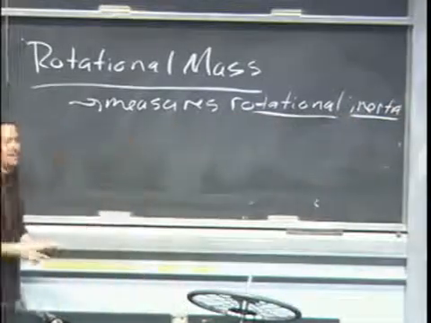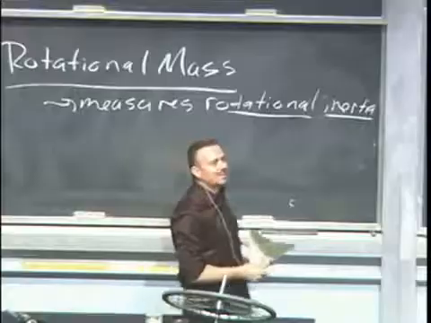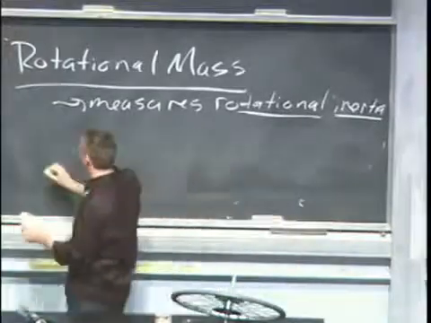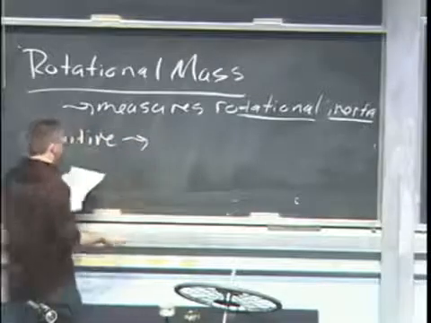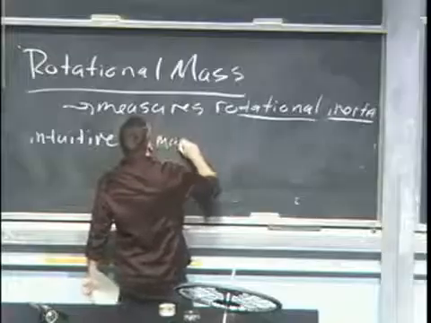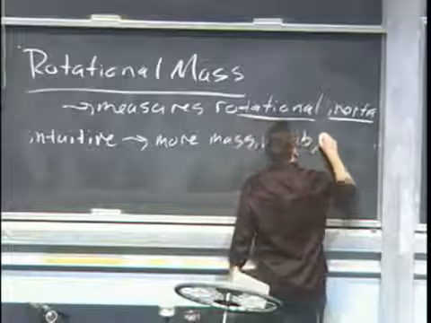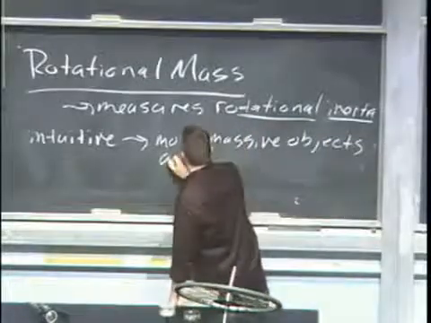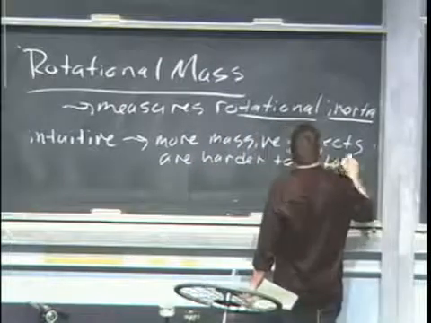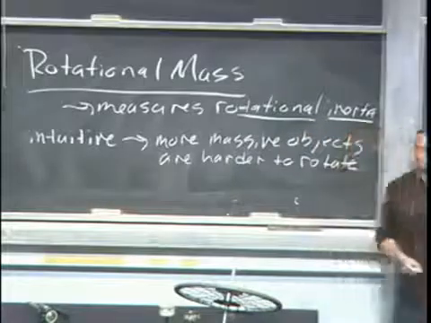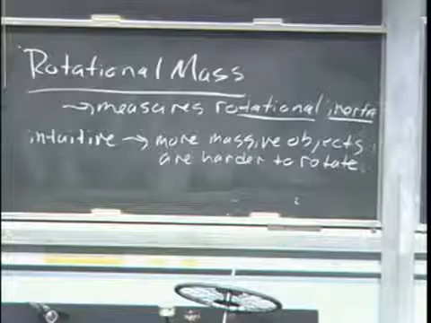There is part of rotational mass which is very intuitive, and part of it which is not intuitive, at least not to me. The intuitive part is that more massive objects are harder to rotate. I think that's pretty intuitive. The more mass an object has, the harder it is going to be for you to start that object rotating.